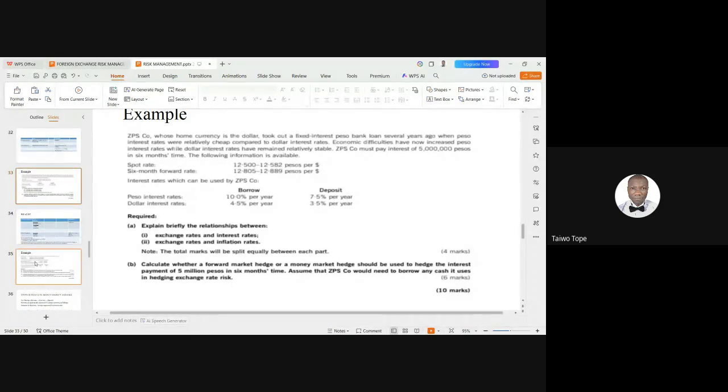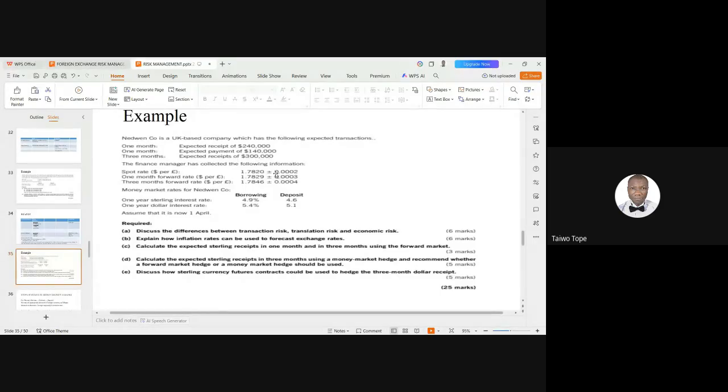But in this case, you add 0.002 to have the higher value, and to get the lower value, you less 0.002 from 1.7820. That is the meaning of this plus or minus in this question.